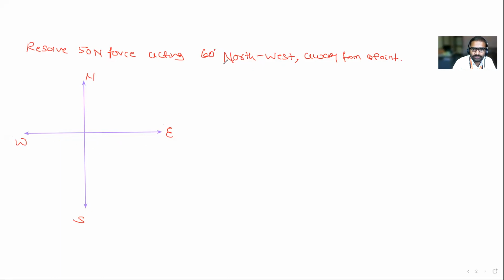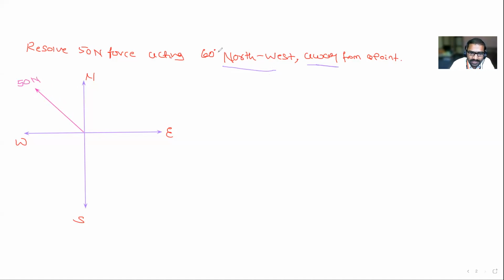Second quadrant. The force is acting away from the point, moving away from the origin. And how much is the force? It is 50 Newton force.